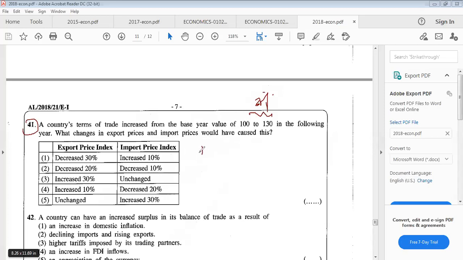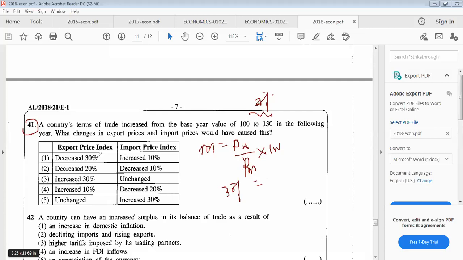So then TOT is equal to PX over PM into 100. Then they are saying that terms of trade increased by 30%. So for this 30%, which is the correct answer?